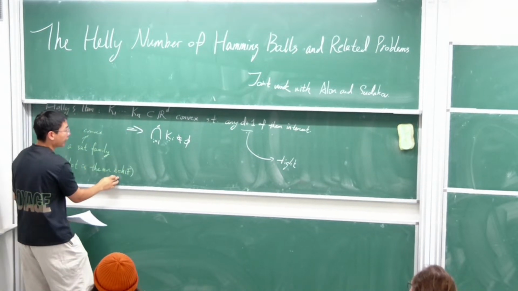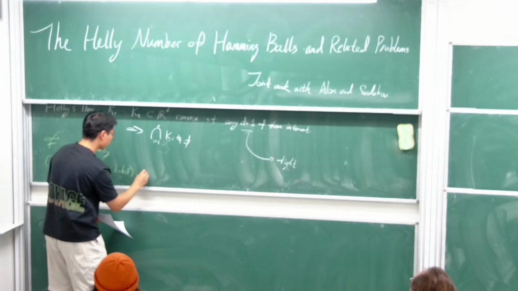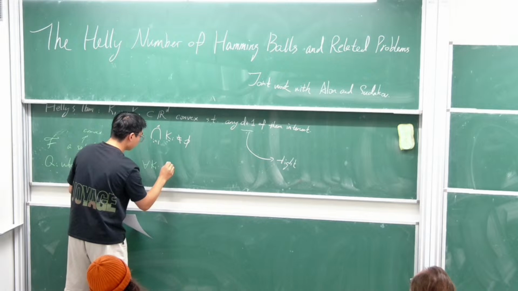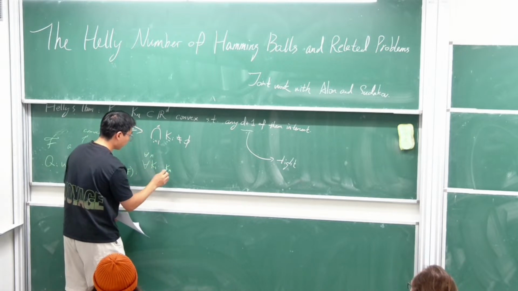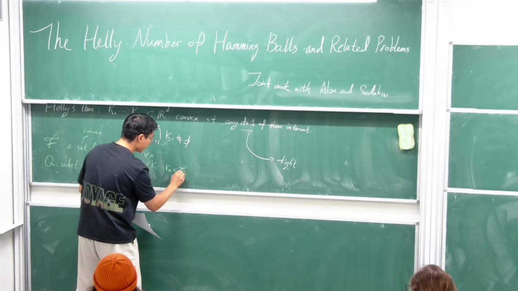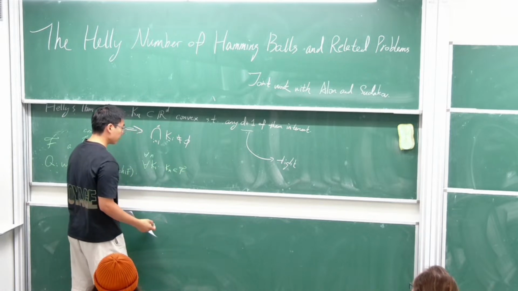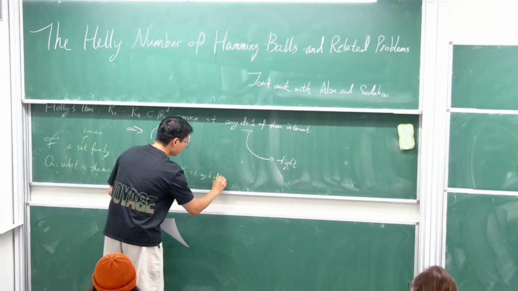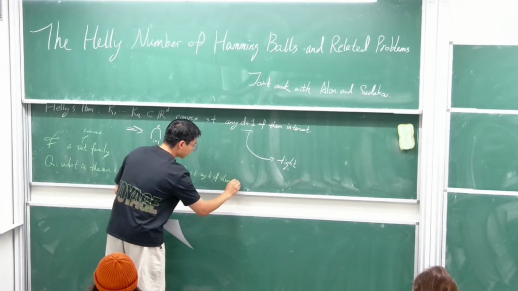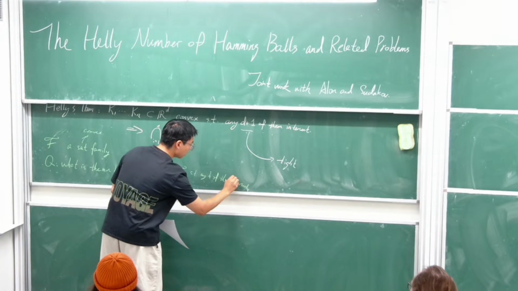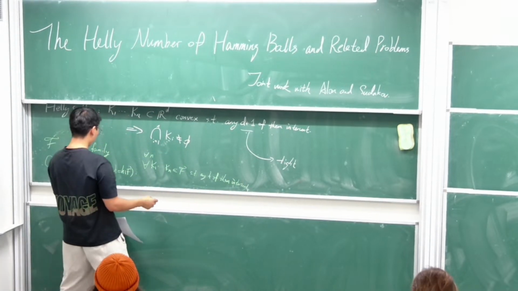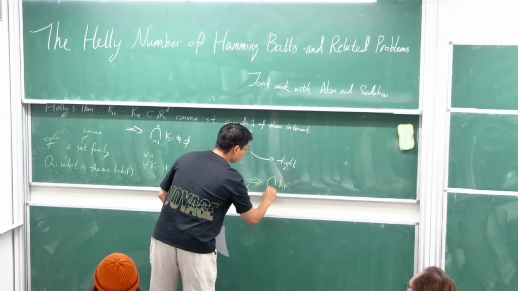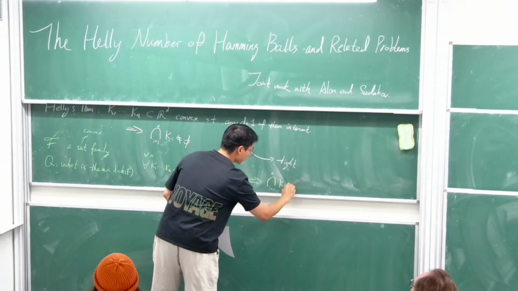So what is the minimum H so that whenever you have sets K1 up to Kn in this set family, so that any H of them intersect, then you want to say that all of them intersect.